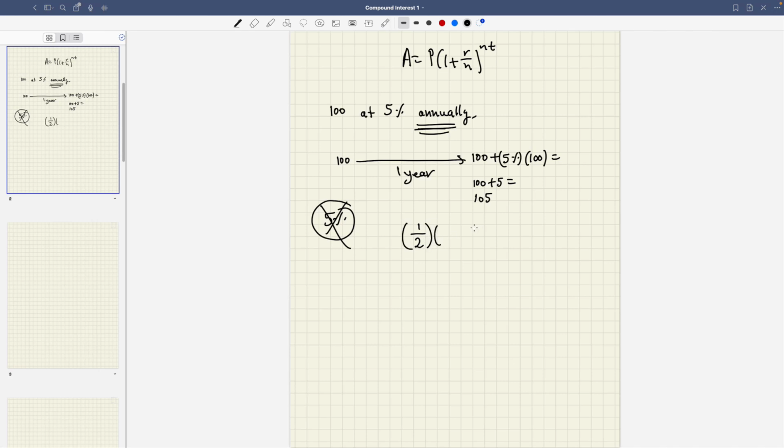of 5%. By the way, whenever you see the word "of" in math, it means multiply. So this is nothing more than 1/2 of 5%. That's what it's saying. So you have your initial investment of $100 plus 1/2 of 5% of your $100, right?